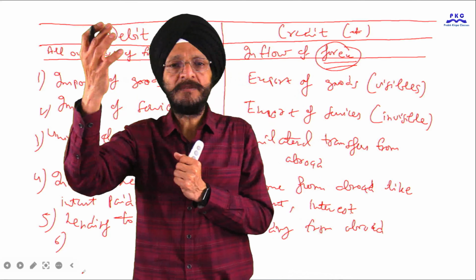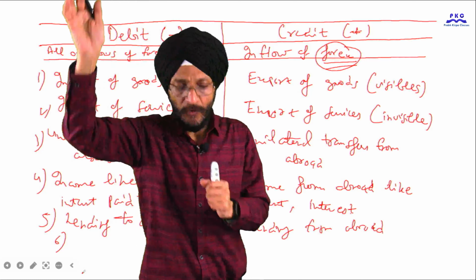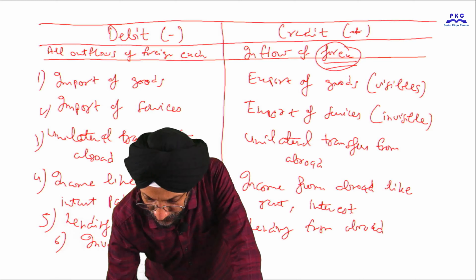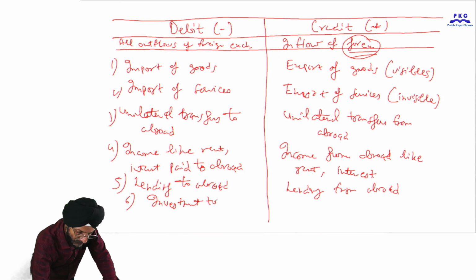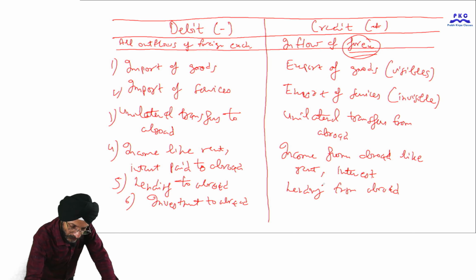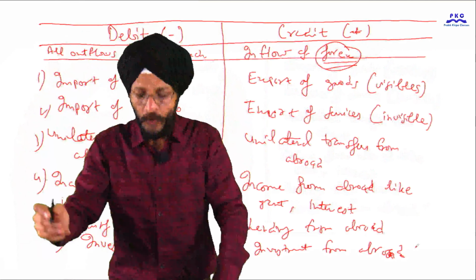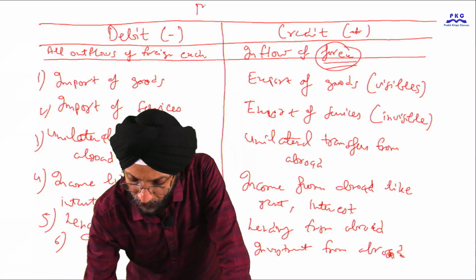If we make investment abroad, it means outflow of foreign exchange. Or if we receive investment from abroad, it means inflow of foreign exchange. So in this way, it is broadly a form of balance of payments.